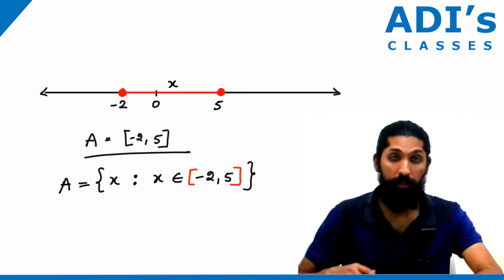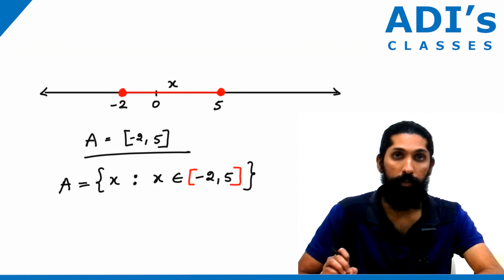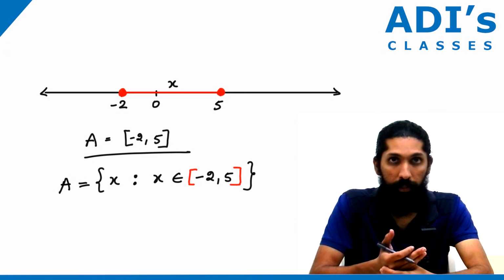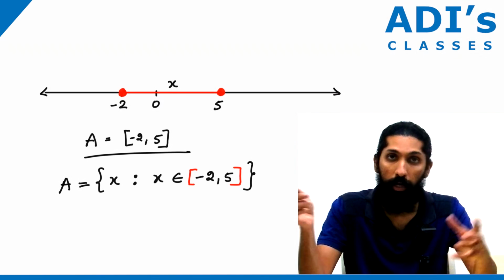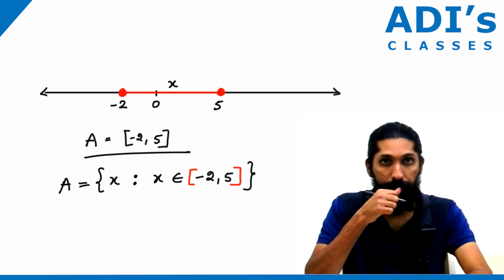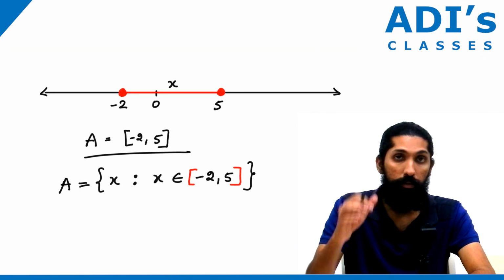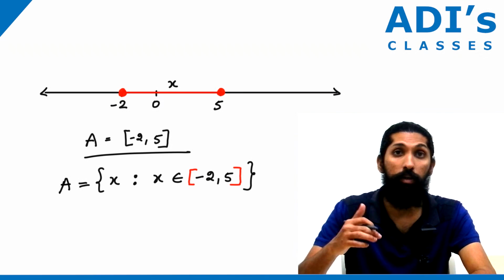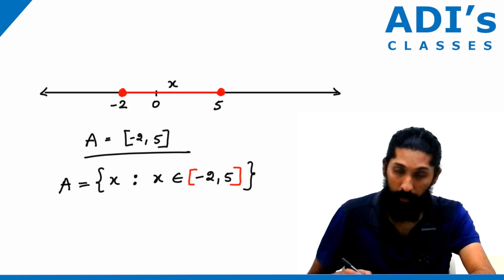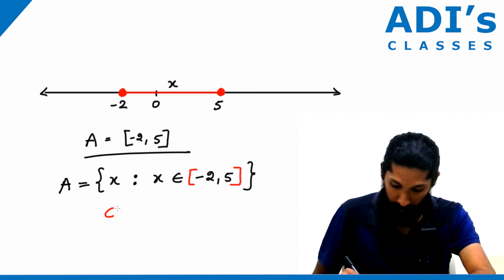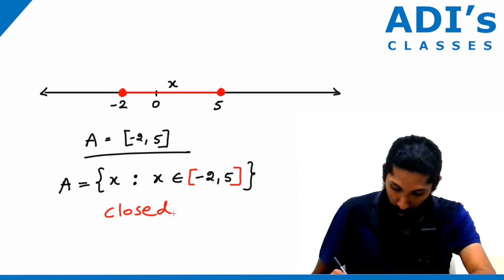This is the representation for the above one. That means we are having a subset where both the extremes are included, -2 and 5. So this is what we call the closed interval. You have to be very clear and careful. This is what we call the closed interval.